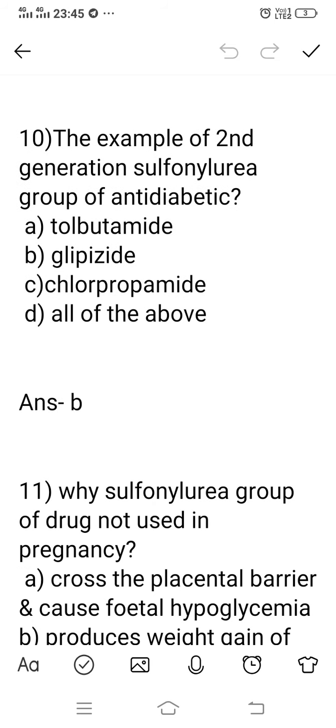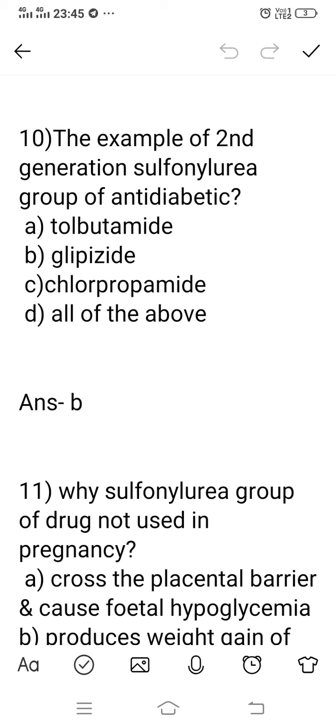Question number 10. The example of second generation sulfonylurea group of antidiabetic. Actually, we see the classification of antidiabetic drugs, means drugs which are used in the treatment of hyperglycemia. First is sulfonylurea group. Second is biguanide derivatives.